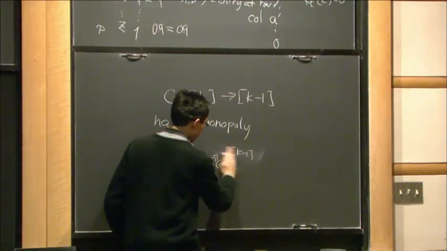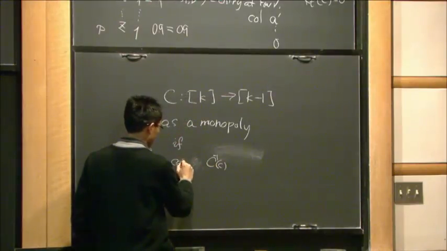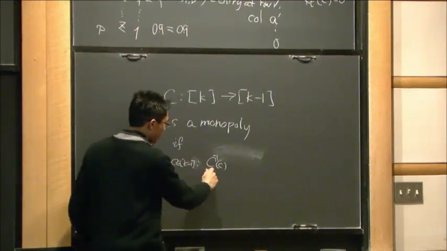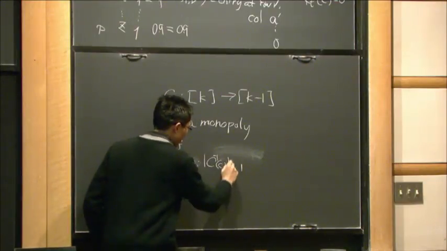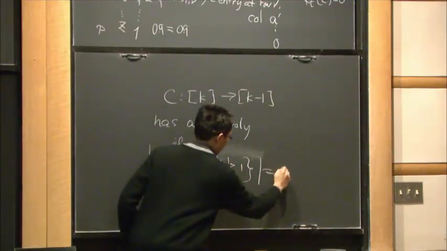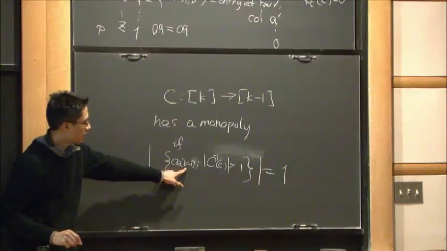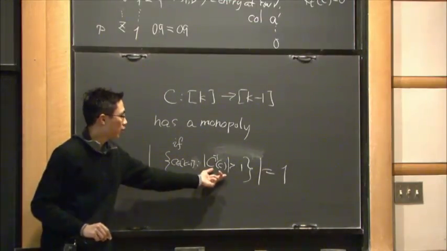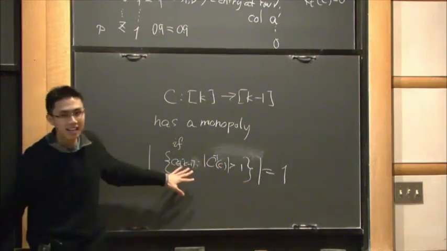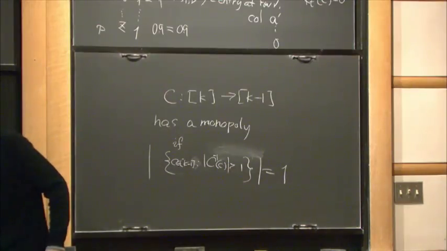So if the number of colors c in k minus 1 whose inverse image has more than one vertex is exactly 1, then those vertices are the monopoly.